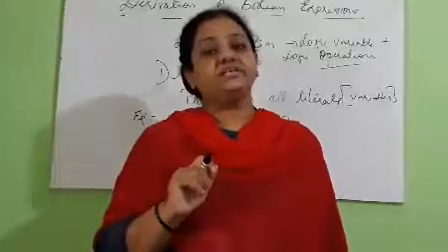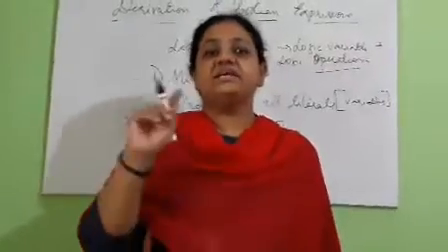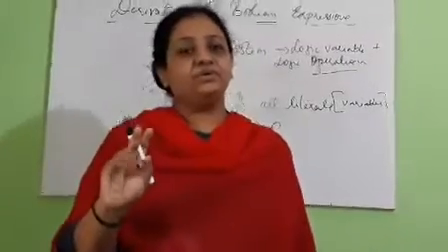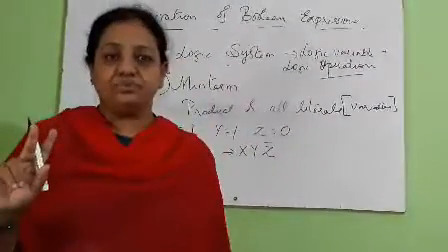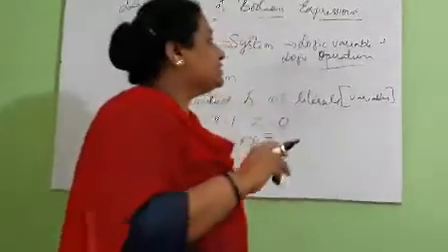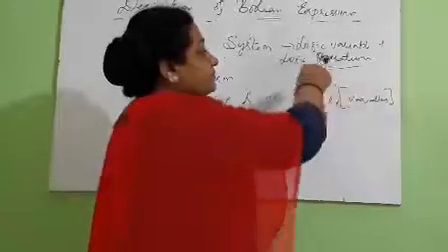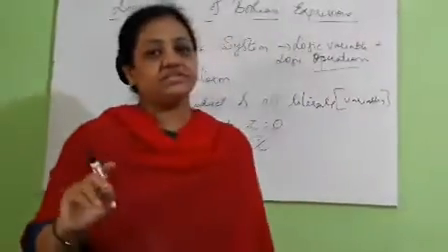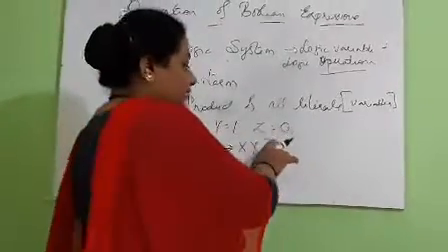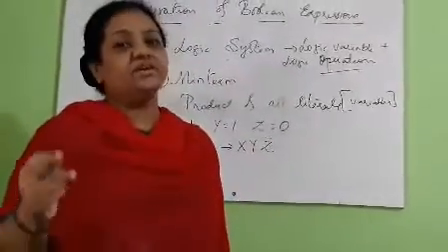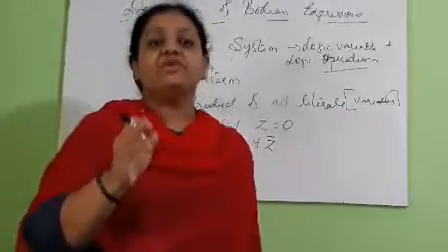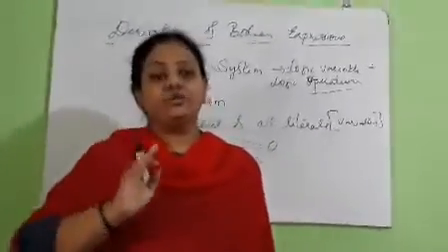A logic variable is a variable which represents either 0 or 1. It can take only two values. As we know, in Boolean algebra only two values are allowed, that is 0 and 1. Then we have the logic operations, that is and, or, not. When there is a complement, it is the not operation. When there is a dot, it is the and operation. When there is a plus, it is the or operation.